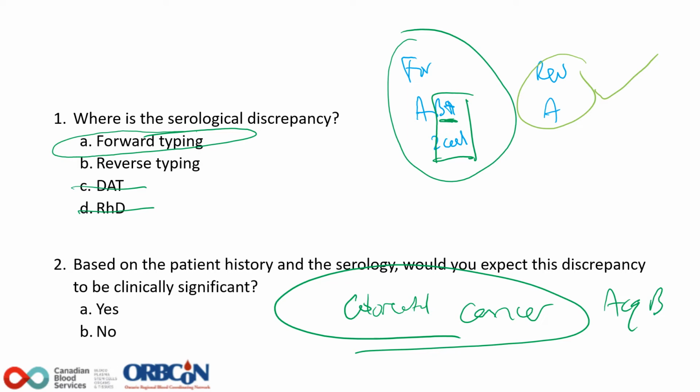But in essence, this phenomenon of having this acquired B when someone's a group A is actually not clinically significant. And so you'd have to key into the fact that they have colorectal cancer and that there are 2 cell populations on the B reagent and that they're likely group A, and that the discrepancy is due to a tube-based phenomenon.